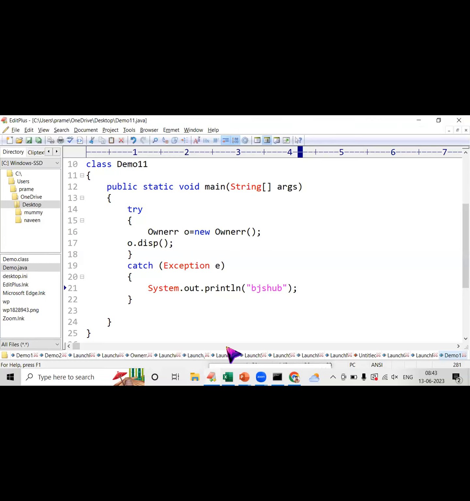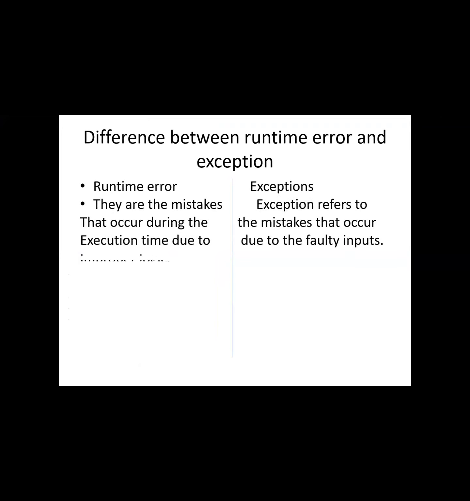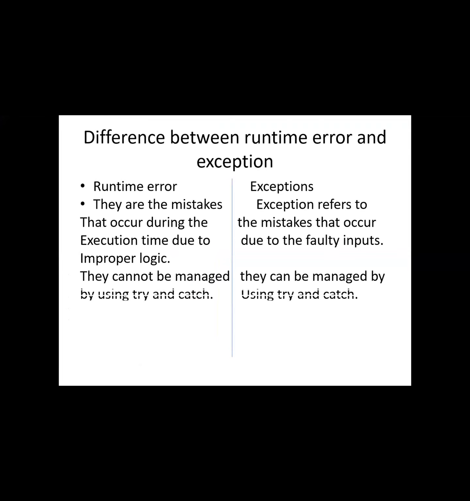So if you want to see here, the definition will come first. Errors cannot be managed by try and catch. Exceptions can be managed using try and catch. Can you see that? Example is here, stack overflow error, whereas this one, input mismatch exception.